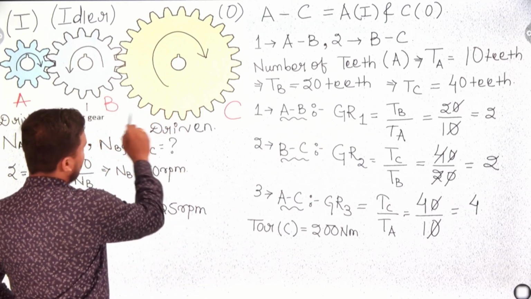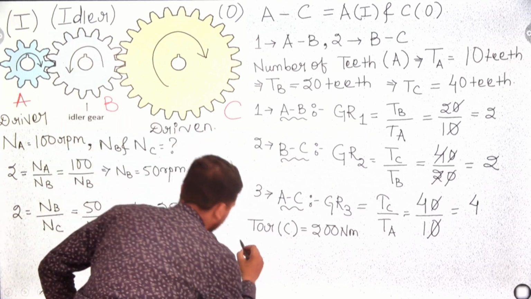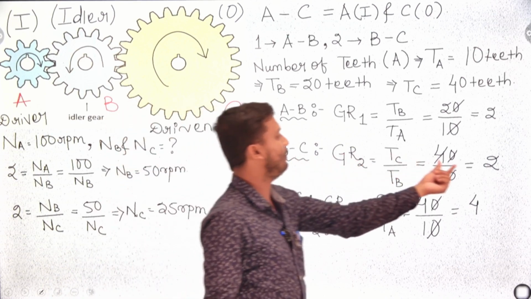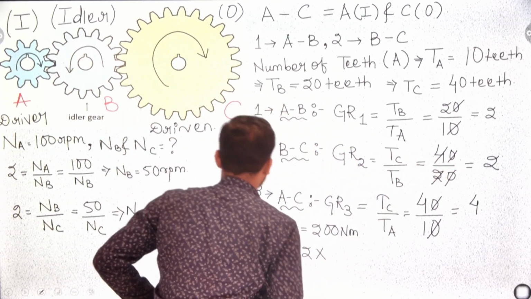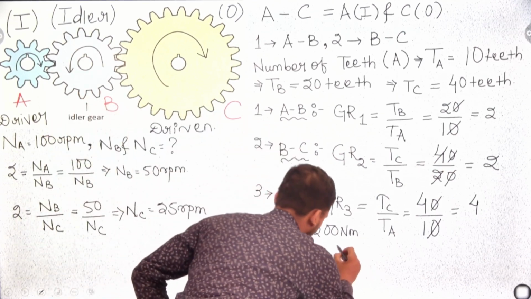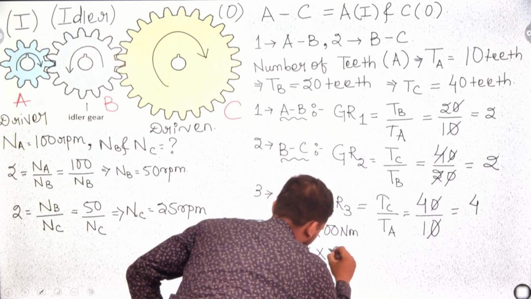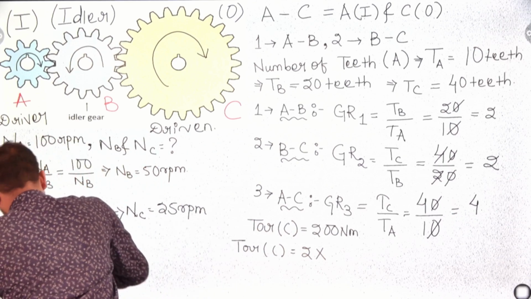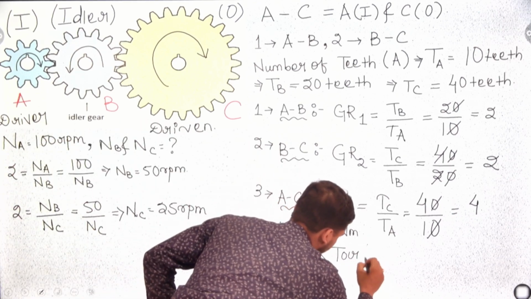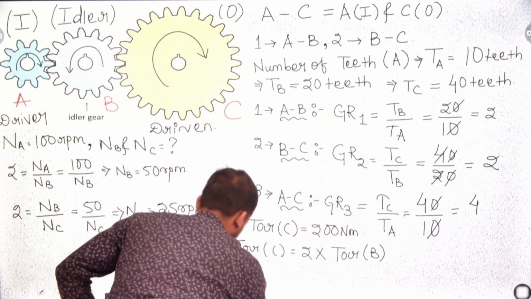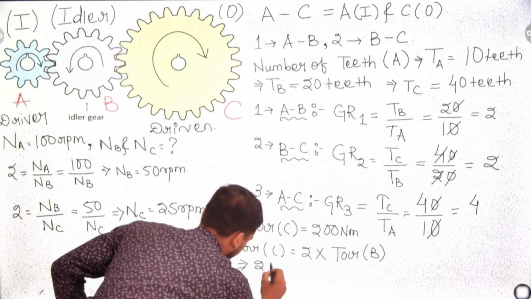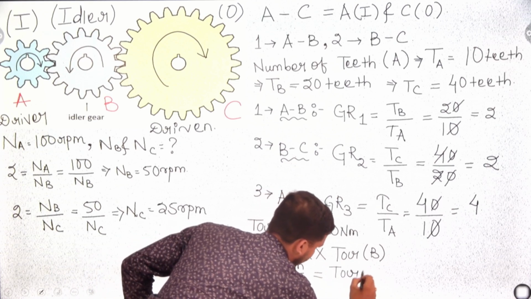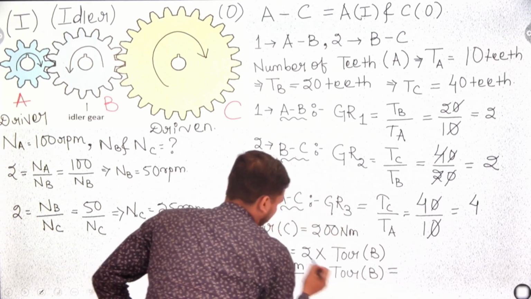In B and C, the output is C. That means torque C is equal to the gear ratio of BC, which is 2, into the input. The input is gear B, so we have to find the value of torque B. Torque C is given as 200 Newton meter, divided by 2 is equal to torque B. So the torque B value is equal to 100 Newton meter.